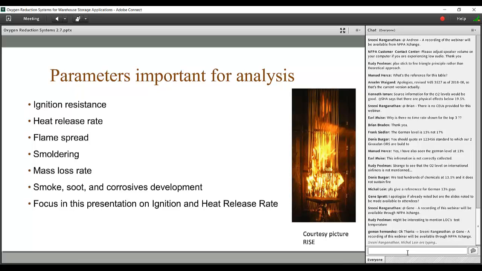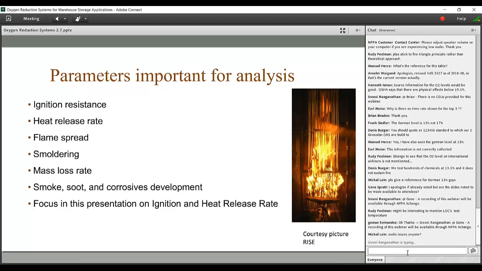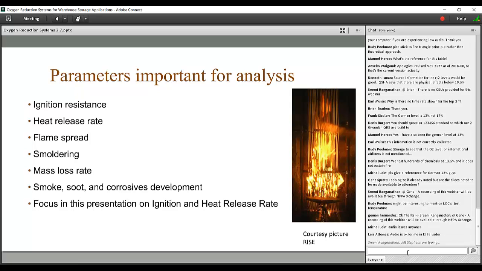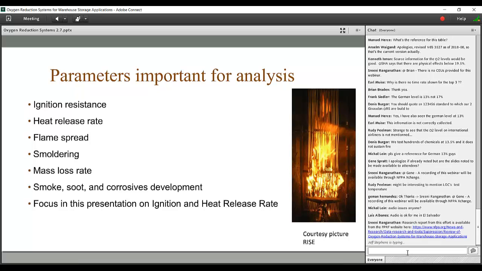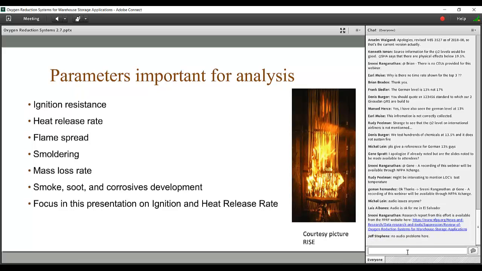Then other parameters which can be important are smoldering of a fire, where maybe you want to see what that can lead to if you have different oxygen levels. Another one is the mass loss rate, somehow connected to the heat release rate, but it's important and quite often also used in certain hazard assessments. And then an important factor is the smoke, soot and corrosive development of the fire.